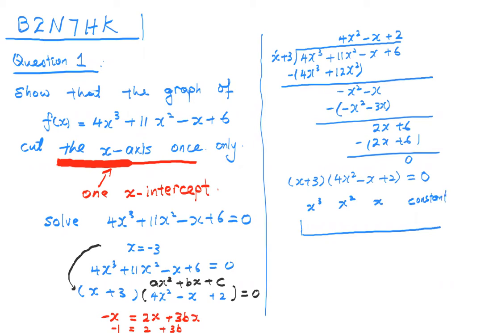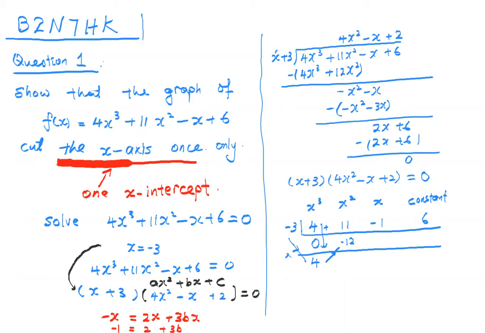The coefficient of x cubed is 4, x squared is 11, x is -1, and the constant is 6. One of the solutions is -3. Then I write here 0. Then down, I plus, I got 4. Then I multiply, then I put here.